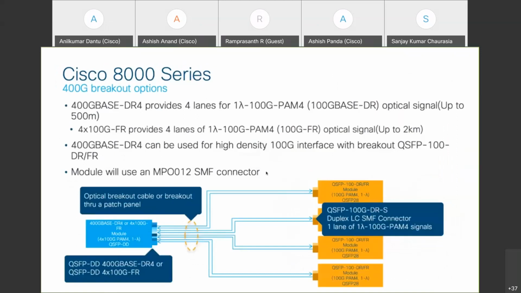And this is just the breakout information, like how you can use the breakout cables on a 400 gig port. You can use a breakout cable to break it into 4 100 gig ports. There are some restrictions with regard to the type of optics that you can use on the breakout cable. So please refer to the interface config guides and the reference for that info.